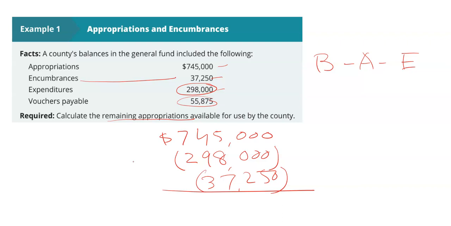So that will give you the remaining appropriation balance. Voucher payable doesn't matter. Voucher payable means a part of the expenditure that you didn't pay in cash, that you still owe. So the remaining appropriation will be $745,000 minus $298,000 minus $37,250, and if you do the math, it will be, I guess, $409,750.